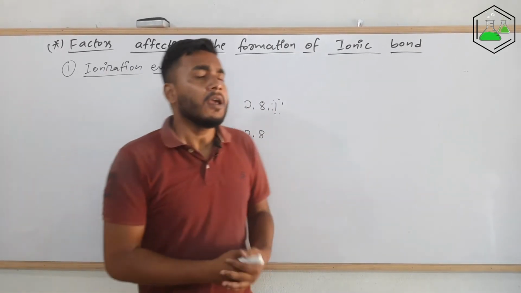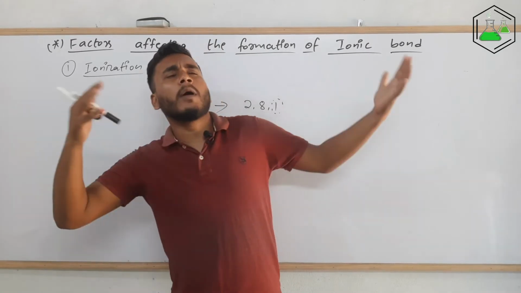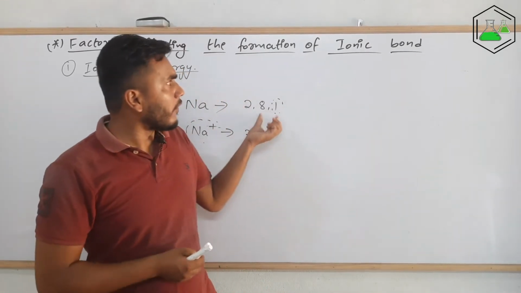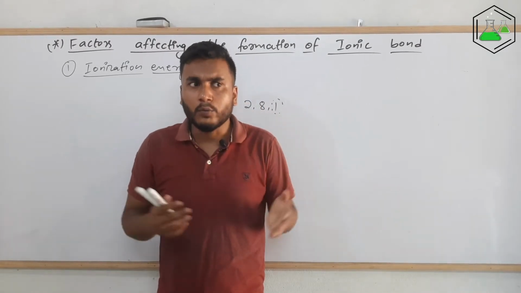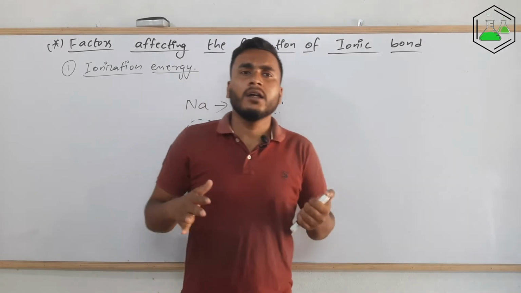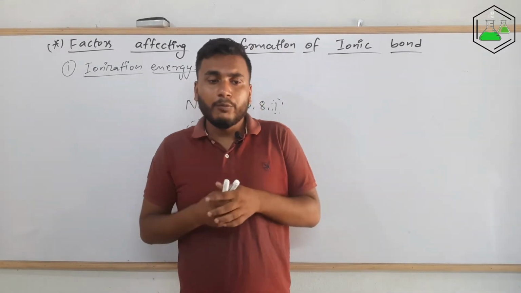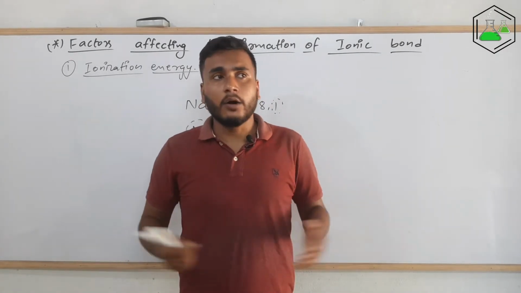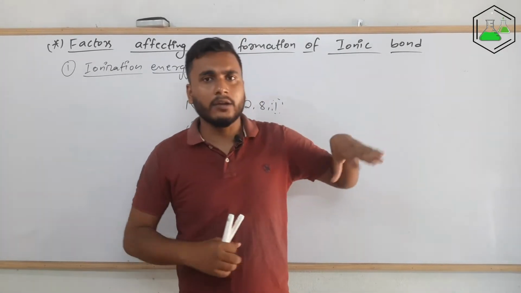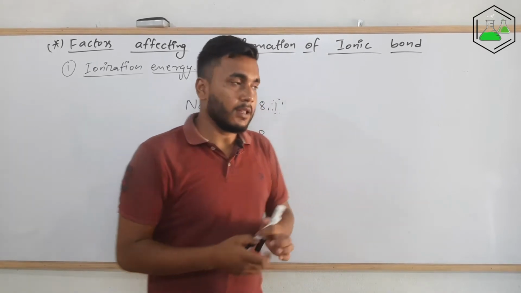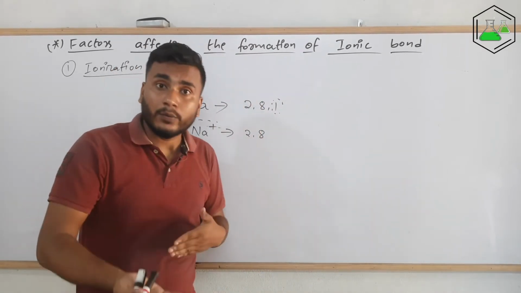Now just imagine if we have to supply more amount of energy to remove one electron, then will the bond formed be stronger, or will the bond form easily? No, not at all. It will try to find the simple way. If we provide very small amount of energy or no energy at all, or if it gets the energy from light or a natural source, then it will prefer that way, right?